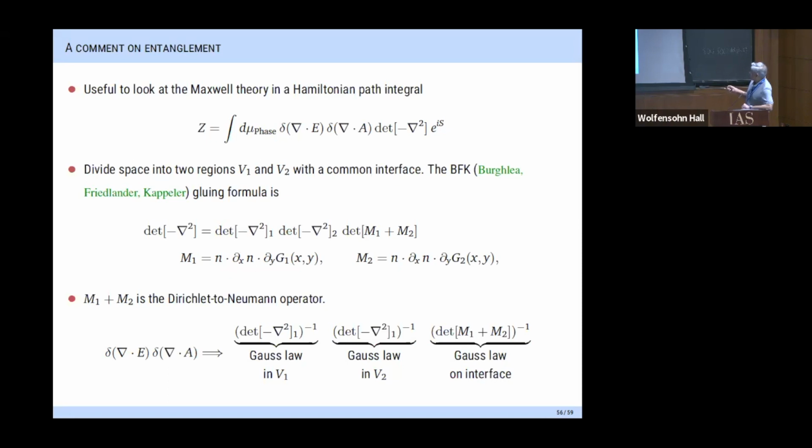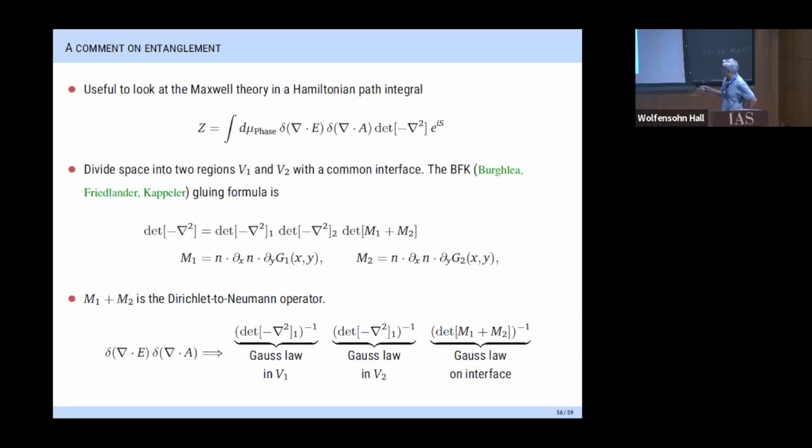But there is an extra term that lives on the interface, which is the determinant of what I call M1 plus M2. M1 and M2 are simply the two normal derivatives acting on the Green's function in region 1, that's M1, and the same in region 2, that's M2. These Green's functions are calculated with Dirichlet conditions in each of these regions. This operator has a name.